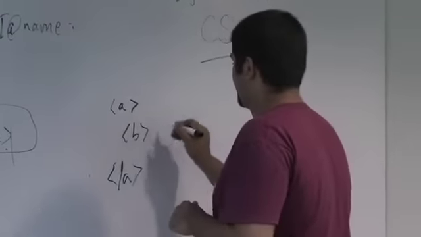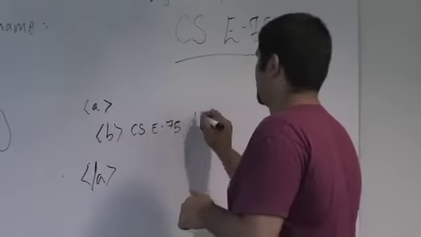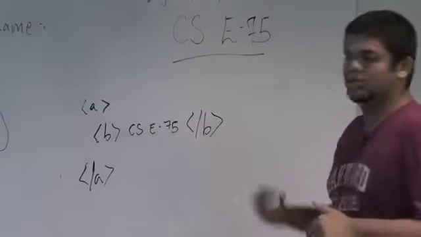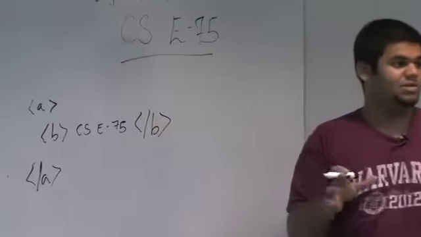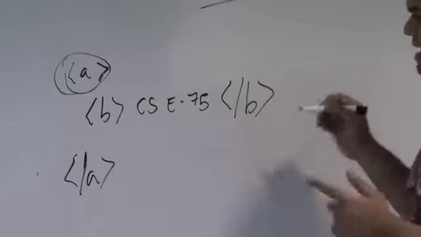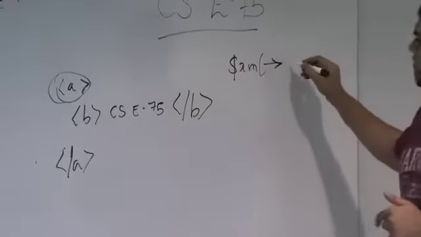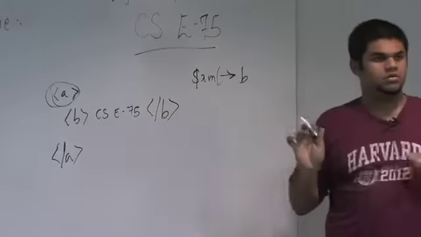And B says CSE75, right? So if your XML variable, so your tree is stored, you're at A, how you would get at B is simply by saying $XML of B. Clear so far?